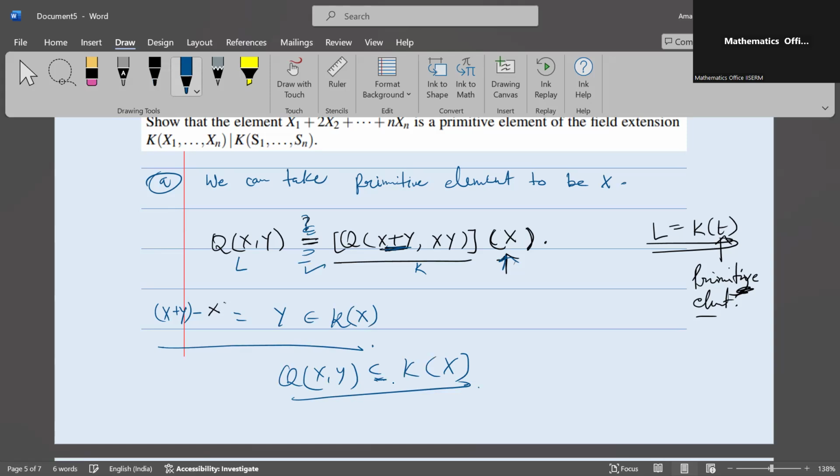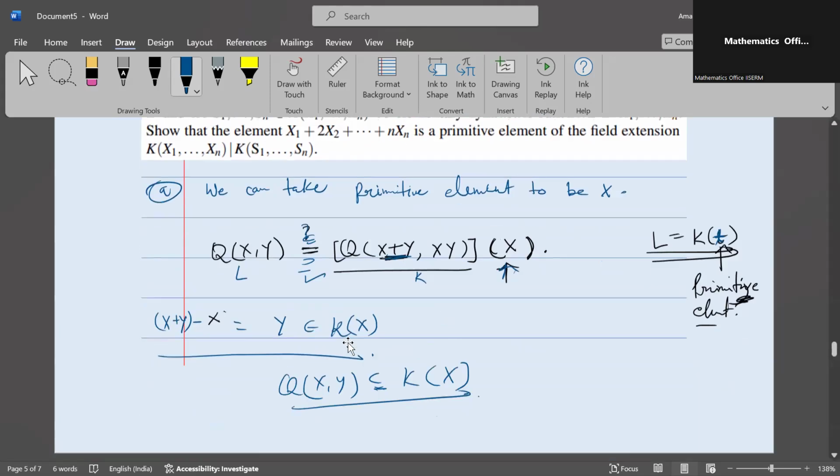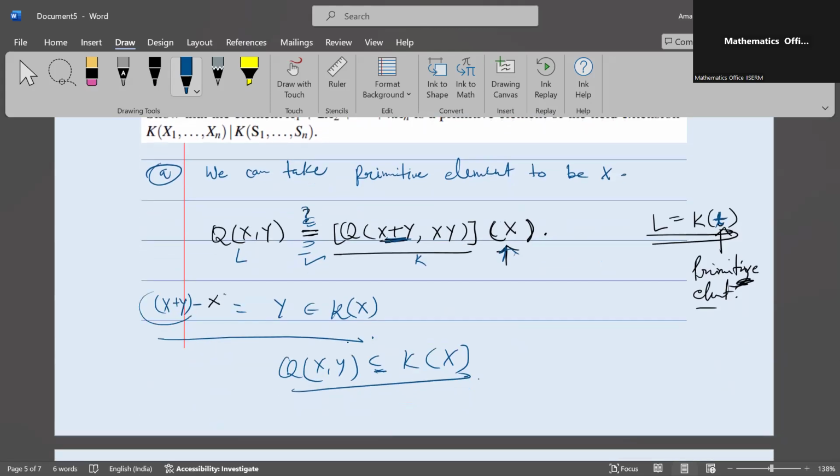Okay, so this is the nice part, and that was simple. If you don't know primitive element, please see here. We are attaching a single element and getting L, so this single element is called a primitive element. And why am I saying x plus y is constant here?